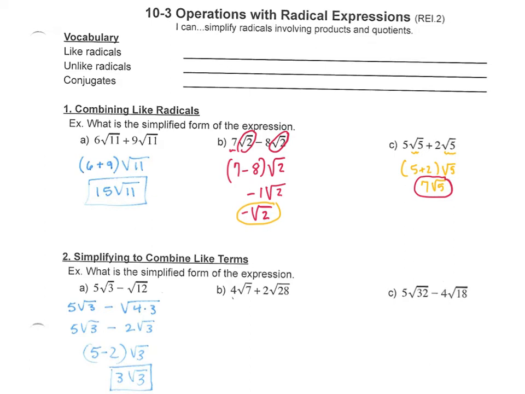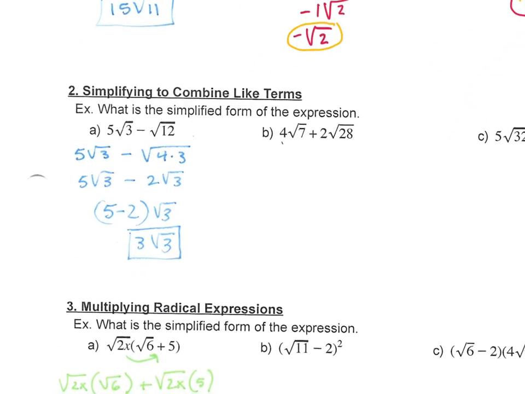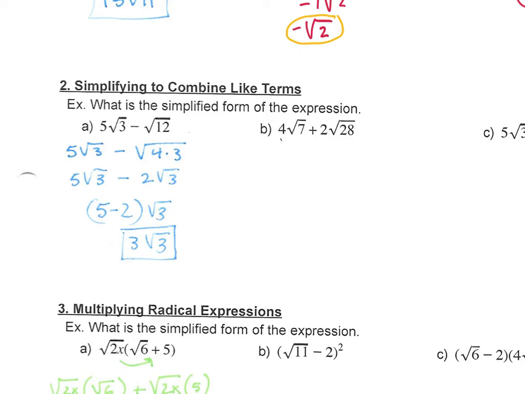As we move to this next one, simplifying to combine like radicals, we don't have like radicals, but there may be a way to simplify to combine them. For example, looking at A here, what is the simplified form of this expression? If I have 5 square root of 3 minus the square root of 12, technically I can't combine those because they're not like radicals.